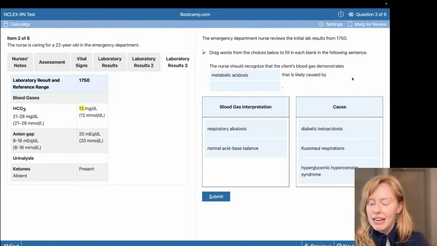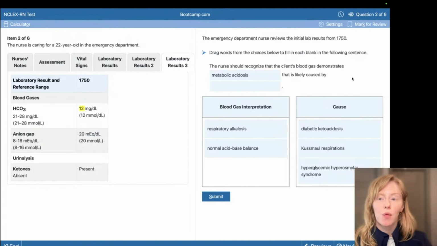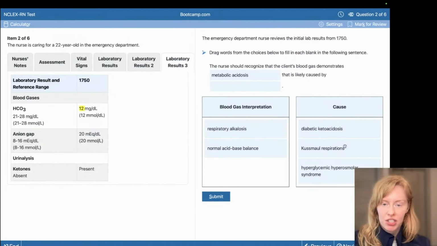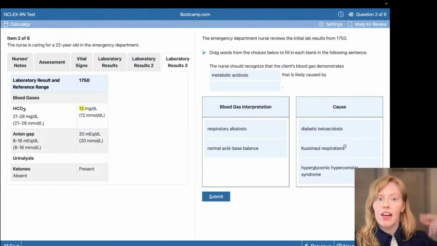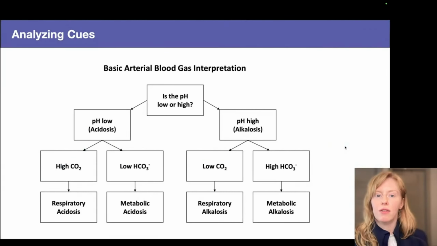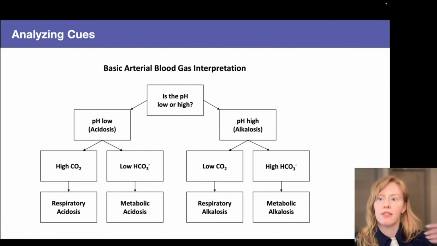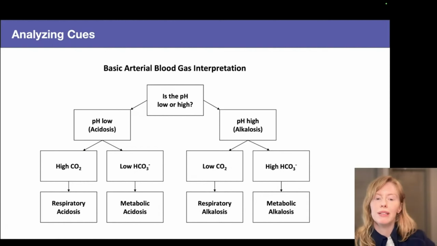Somebody guessed respiratory alkalosis, and I want to point out this is an interesting thing with ABGs. If I had Kussmaul respirations, that rapid, deep breathing, and that was my main problem, say somebody's just hyperventilating and breathing too fast, what kind of imbalance would that cause? That would blow off a lot of extra CO2, right? So we would see a low CO2, and that would create a respiratory alkalosis.